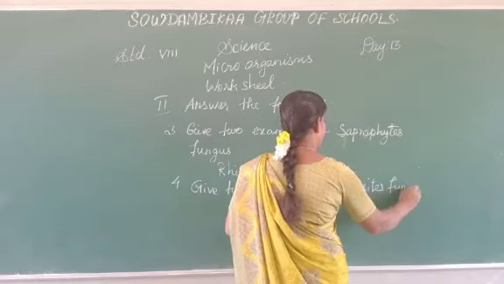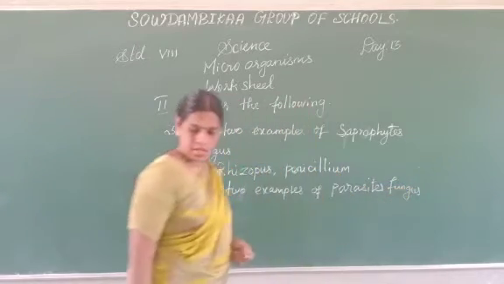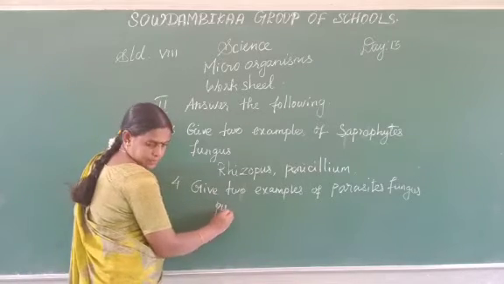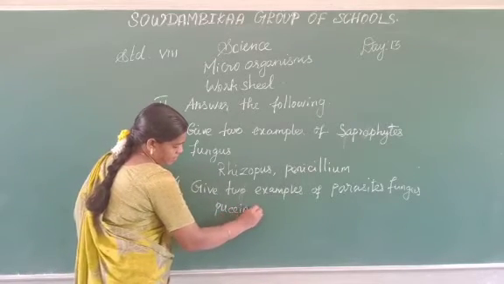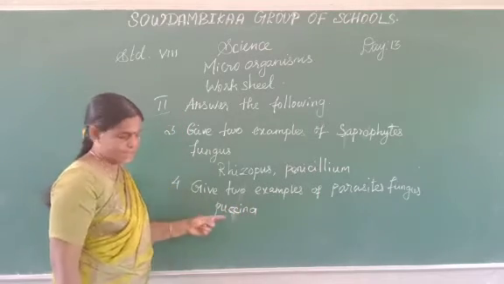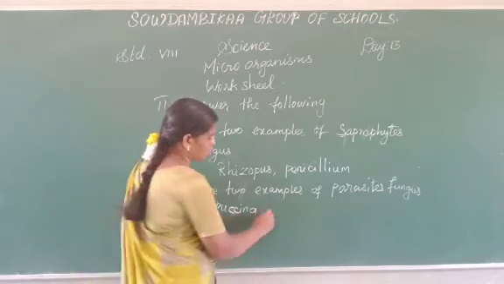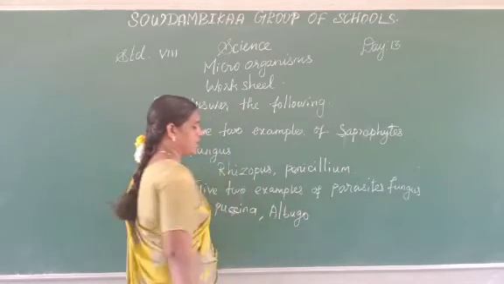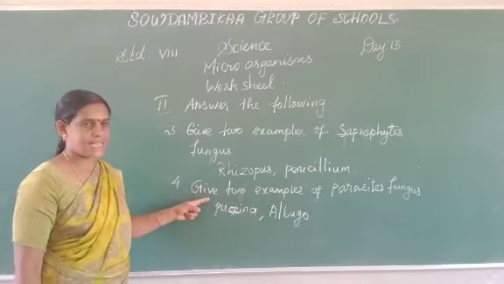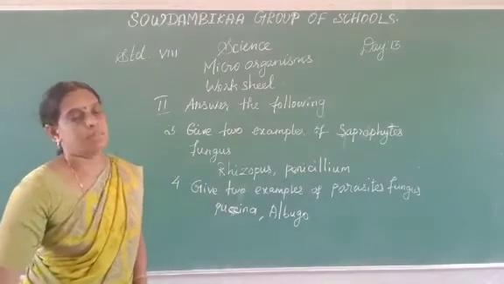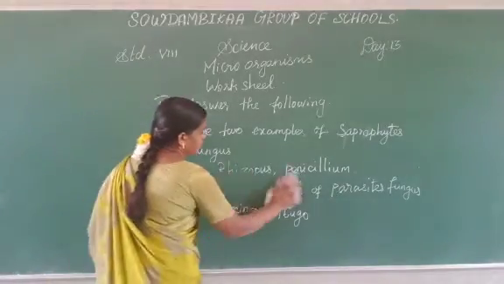One is Vaccinia and one is the albuco. Those are the examples of parasitic fungi. What is the fifth question?